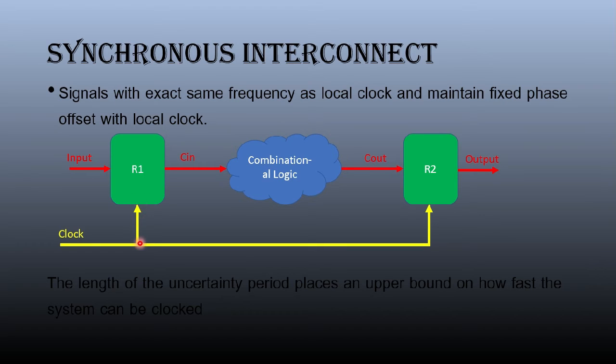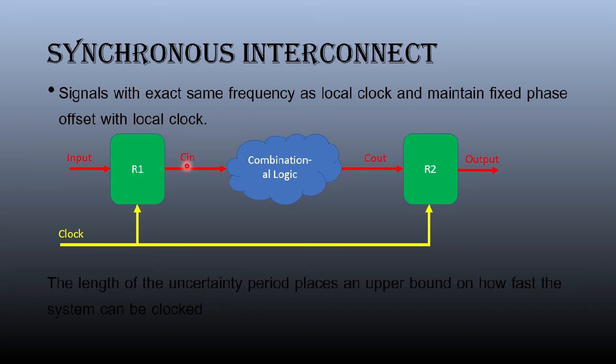When the clock positive edge comes, this data need not be sampled at the same time. It can be sampled a little later, right? So there can be a certain phase difference between the signal and the clock, but it should be fixed. This propagation delay should be fixed.